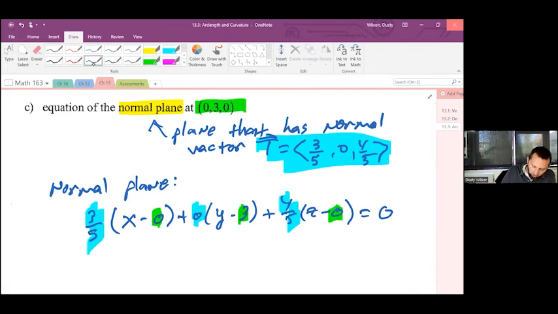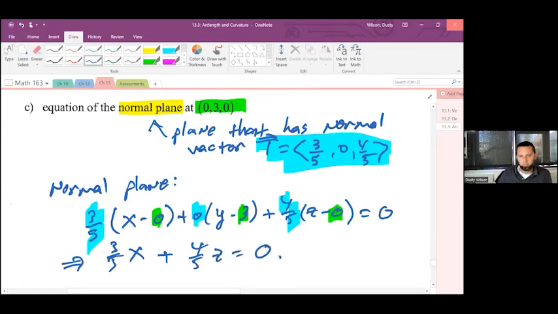This could simplify, if you wanted, to 3/5 x plus 4/5 z equals 0.